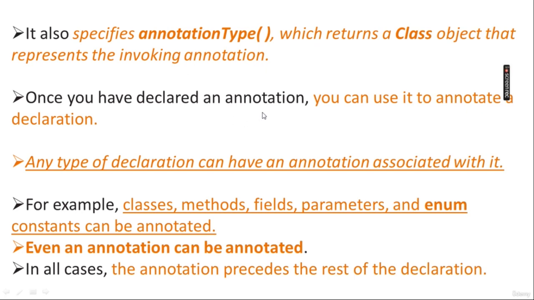Once you have declared the annotation, you can use it to annotate a declaration. So first of all, you have to declare the annotation, and then you can use it. Any type of declaration can have an annotation associated with it. For example, classes, methods, fields, parameters, and enum constants can be annotated. Even an annotation can be annotated.